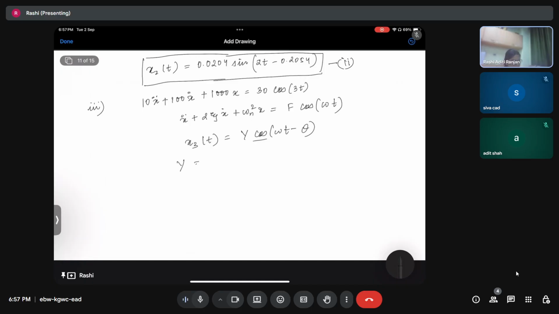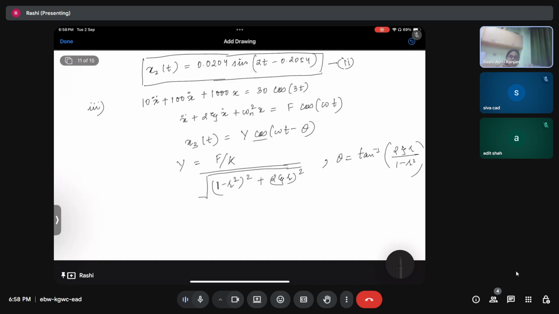Other than that, Y is going to be the same: f divided by k, whole divided by under root of (1 minus r square) whole square plus (2 eta r) whole square, and theta is equal to tan inverse of 2 eta r by 1 minus r square.